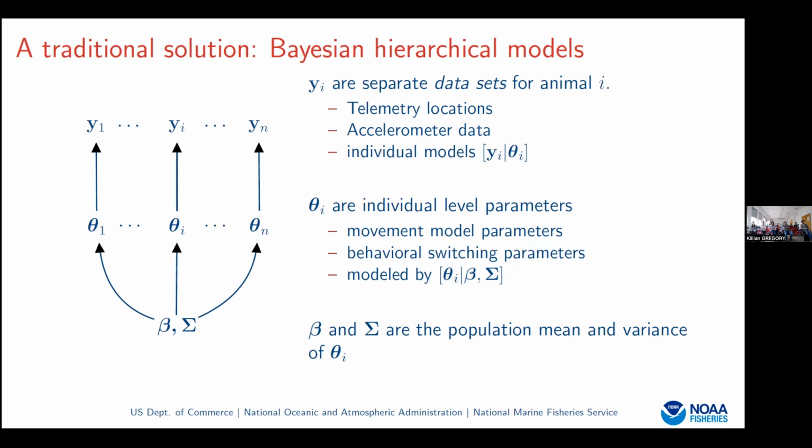If you have a really complicated HMM and 100 individuals with long deployments, that's going to be quite an ask. We want to get to that type of model and do it computationally efficiently.